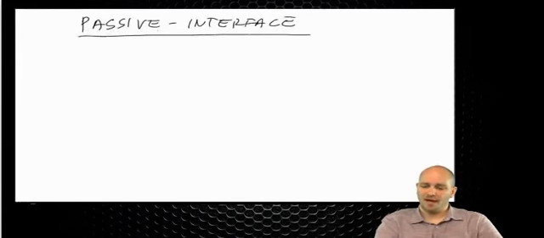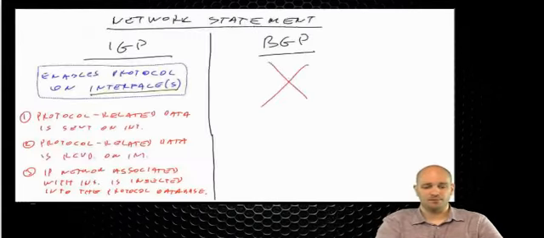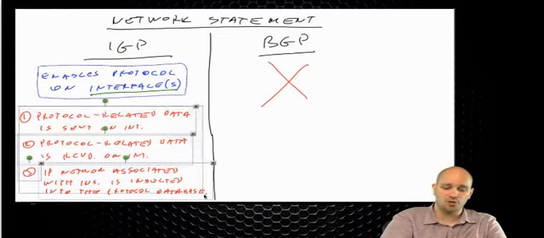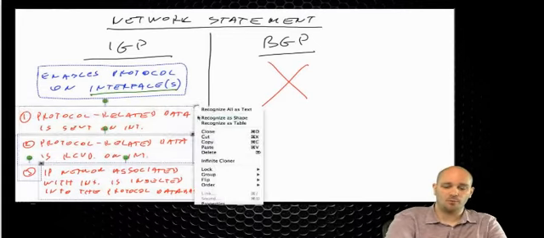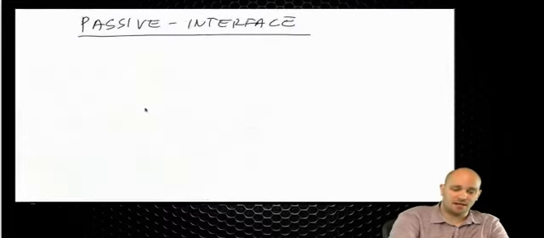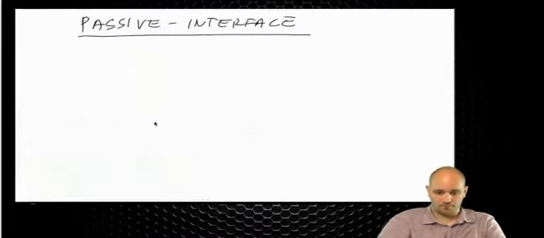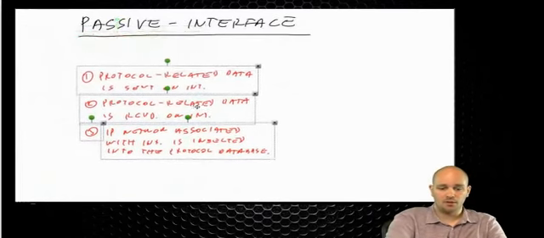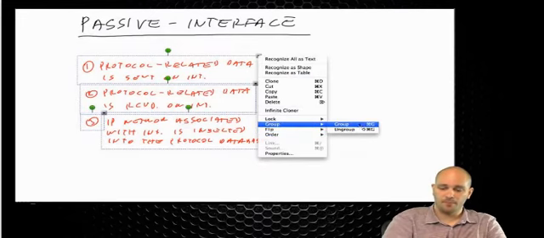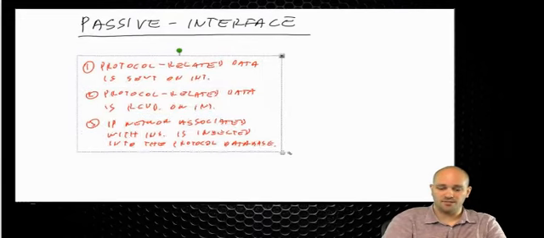So let's go back to one of the previous examples, where I talked about what happens when you actually use a network statement on a particular interface. So let's paste this in here. This is what happens on an interface when you use the network statement.